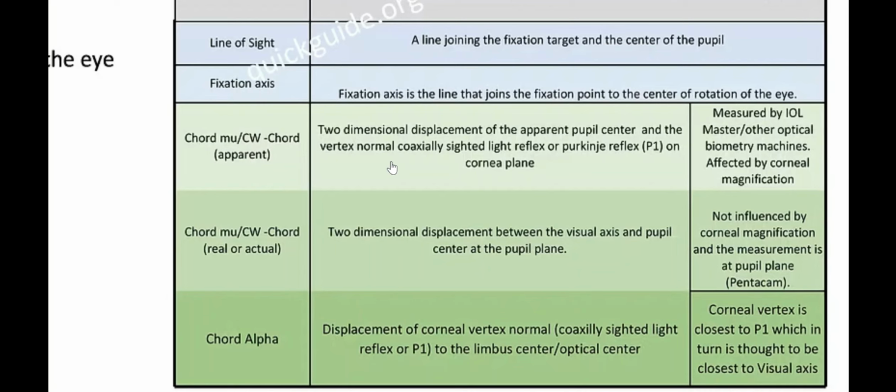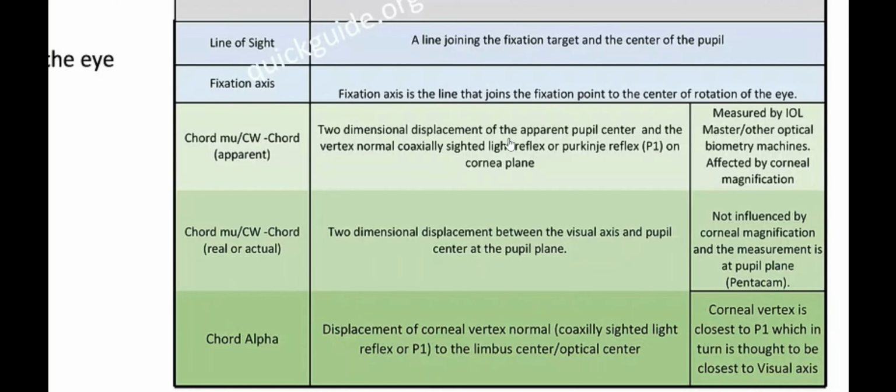So that distance is measured, which is somewhat similar to angle kappa, but technically it would not be correct to say that it measures an angle. It's basically the difference between the x and y coordinates that you find in the Lenstar or in the Allmaster. In the Allmaster, however, you get the chord mu directly computed.